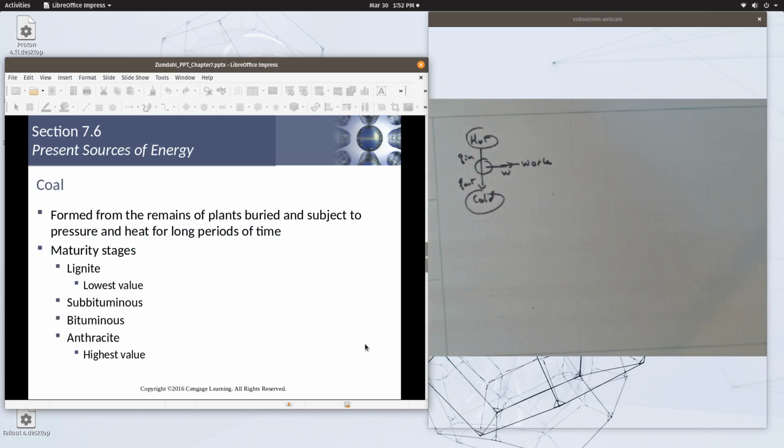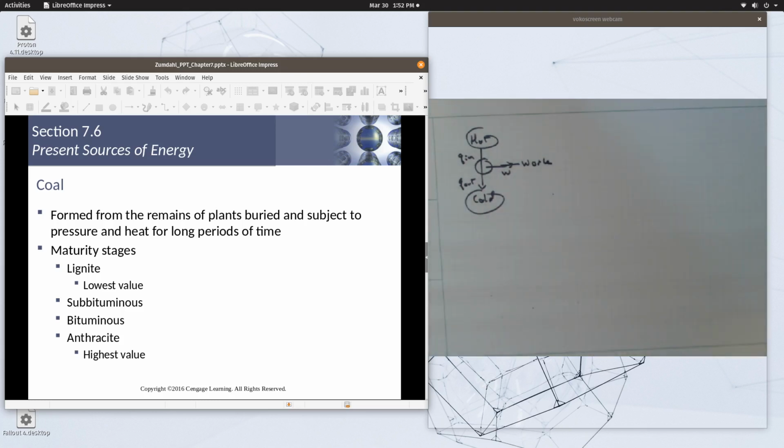Coal is a mineral. I had a sample of coal. That is dug out of the ground.